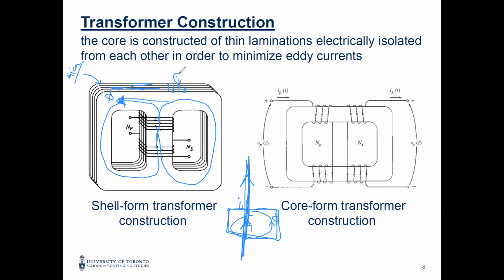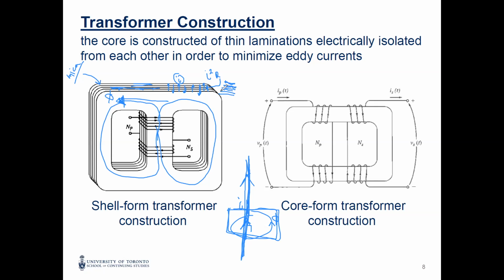This current is moving randomly because it's a block of metal. It makes a lot of losses, I square R. The R is the resistance of this core. So to eliminate this, we can make the core into small sheets, small laminations, and make insulation between them.